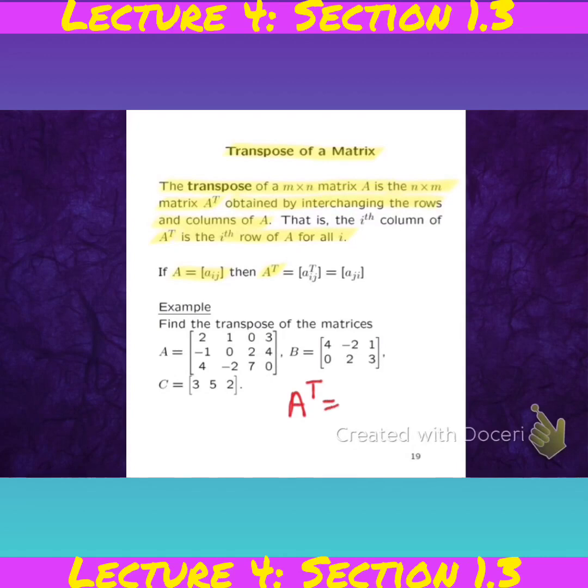That very simply is 2, minus 1, 4, 1, 0, minus 2, 0, 2, 7, and 3, 4, 0.